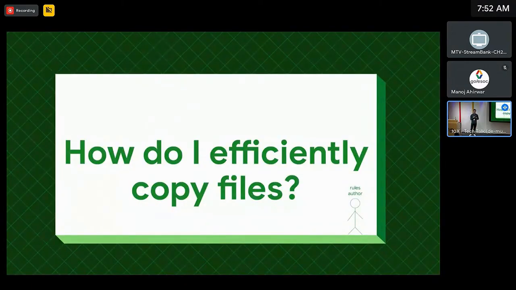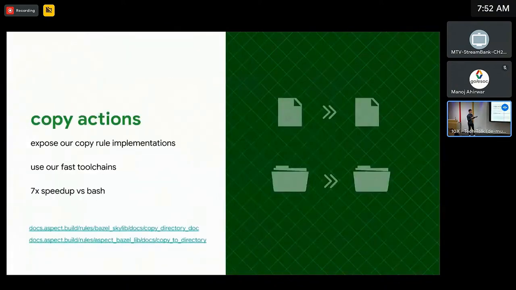How do you efficiently copy files? There are some rules that need to do a lot of copy file actions within them. We have a couple of these in rules_js, and we're dealing with NPM packages, so they might need to be copying thousands of files within the rule. If you recall, we have that optimized toolchain for copying files. We actually expose the implementation of that rule so that you can directly use it within your own rules to use our toolchains to do all the copying for you.